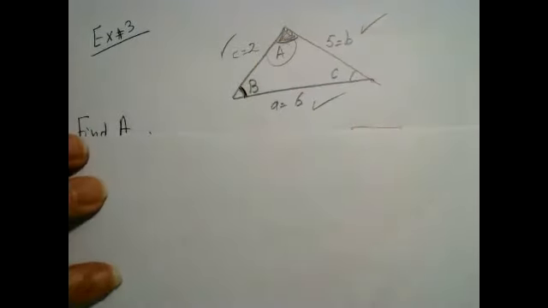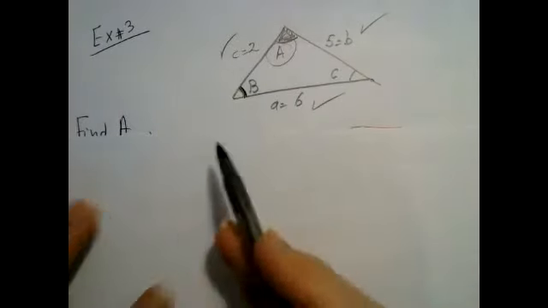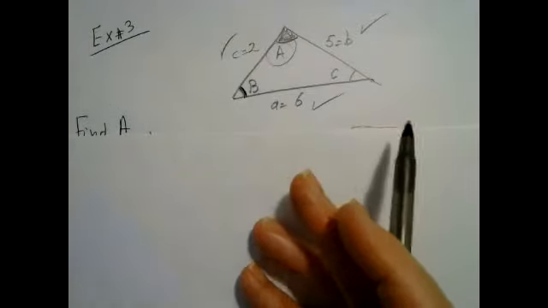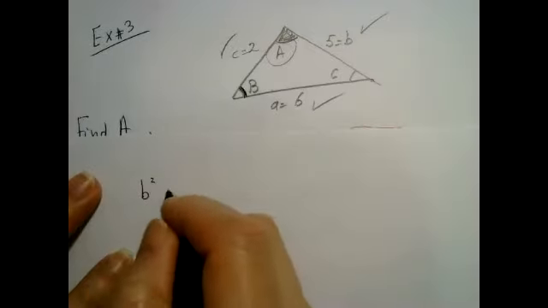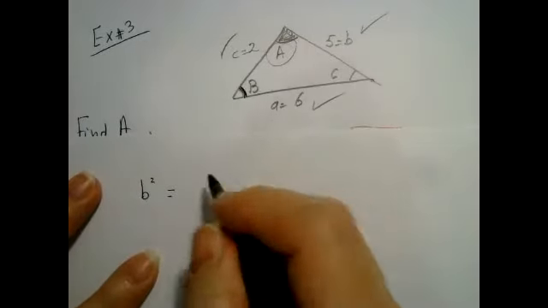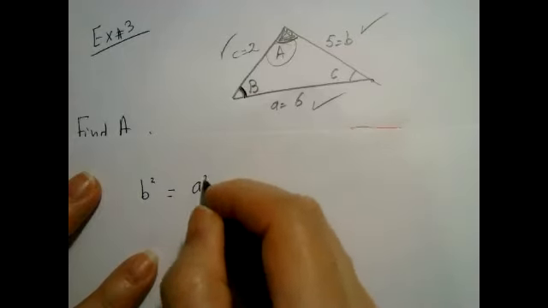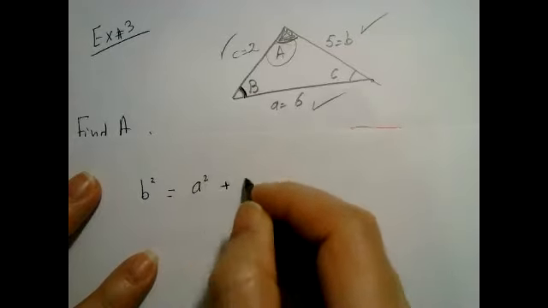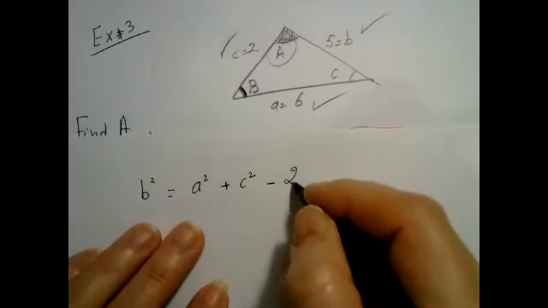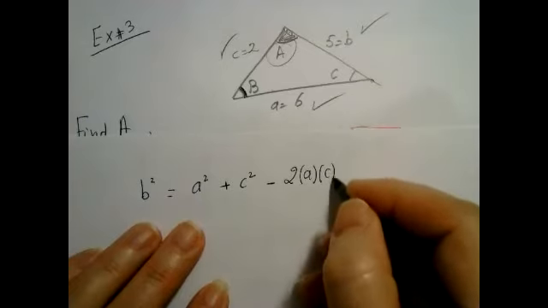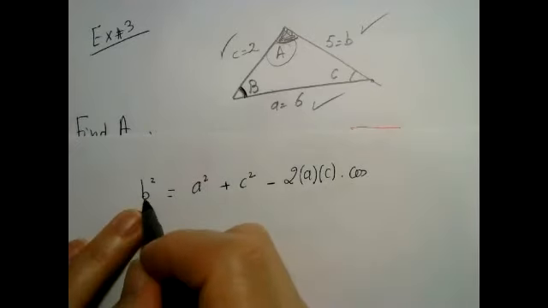How am I going to use the law of cosines to find the angle B? When you put B squared is equal to A squared plus C squared, the other two sides, and then minus 2AC times cosine B, the cosine of the angle opposite to that.